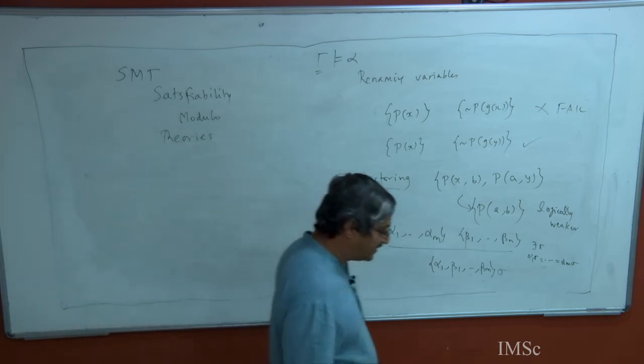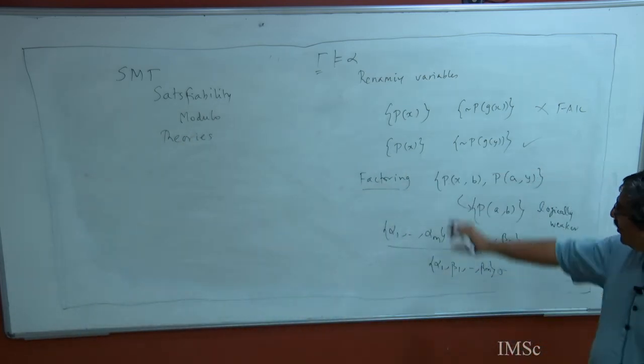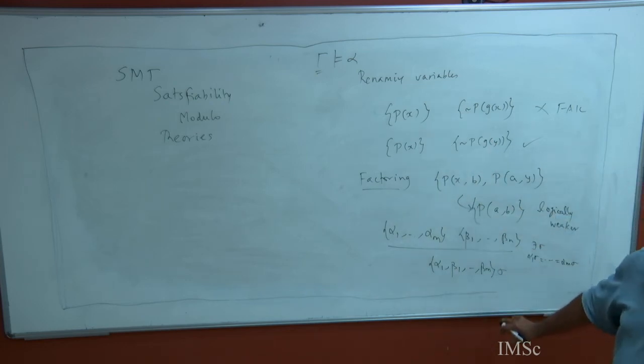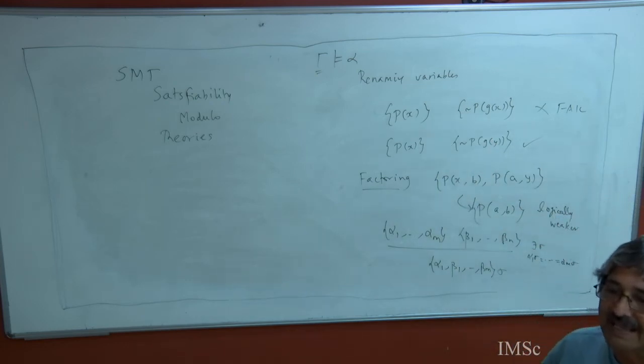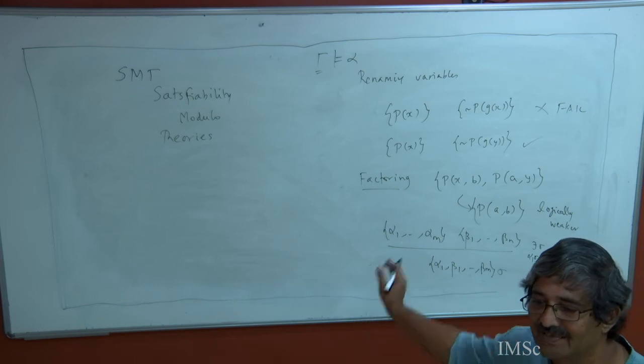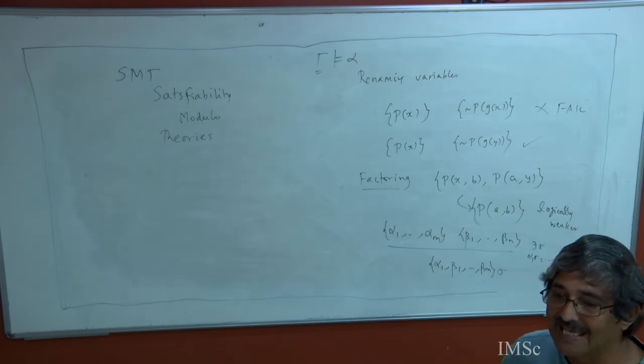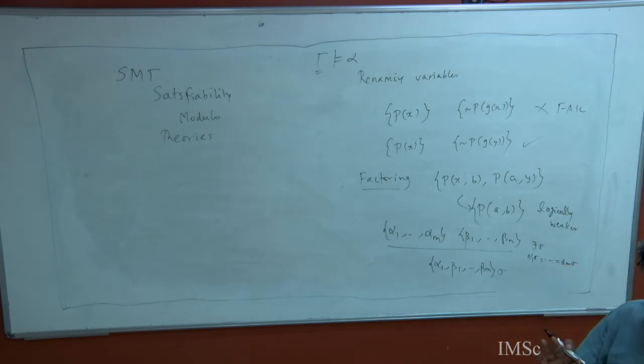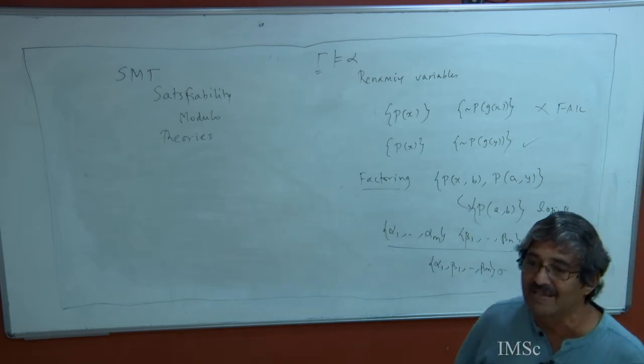And the idea is very simple. You're going to bring everything down to literals, right? Atomic formulas and their negation. Sets of formulas of this kind is in clausal form, except that the atomic formulas that you're going to work with are going to be interpreted within theories.